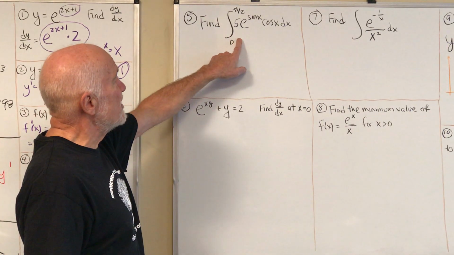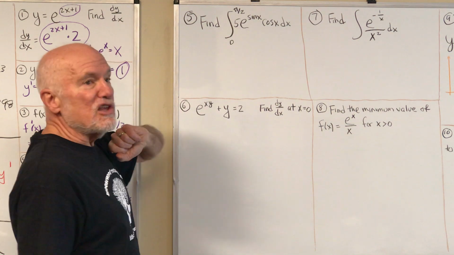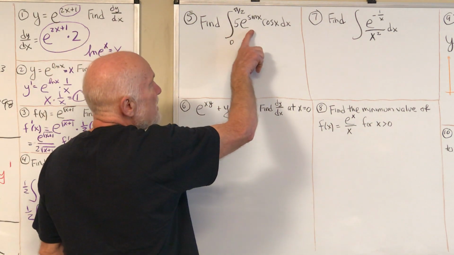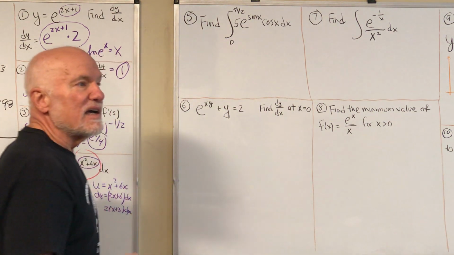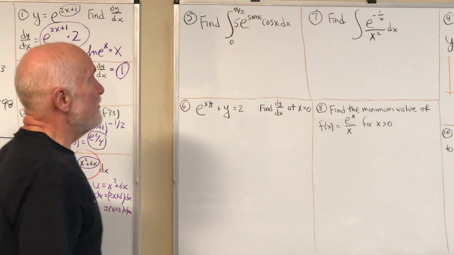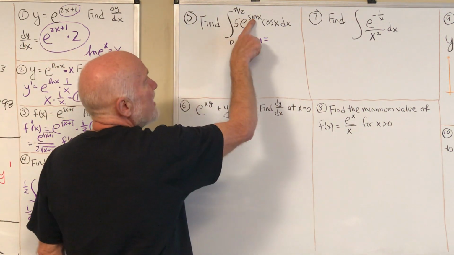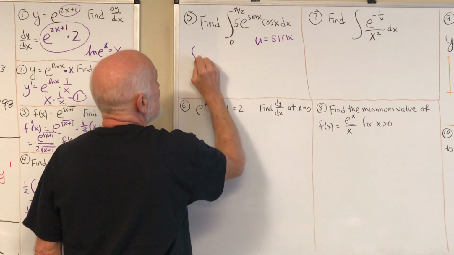This first one is just a definite integral, and I think it's going to use the new form that we learned. Do you think you can see the possibility of getting e to the u du out of that integral? Well, if I'm going to, the only way I can possibly do that is if I let u equal sine of x.